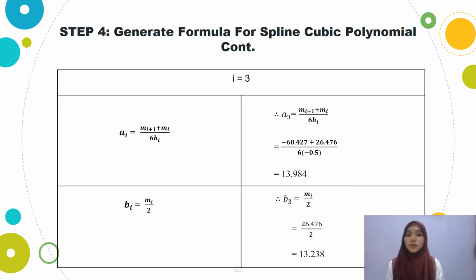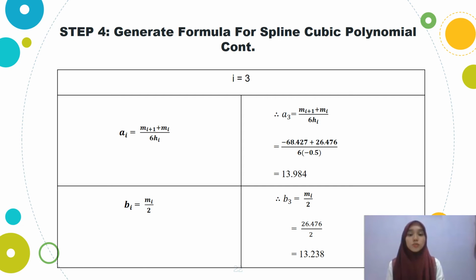For example, in this presentation, I will use i equal to 3. We proceed with the calculation of Ai using this formula, Mi plus 1 minus Mi divided by 6 Hi. By using i equal to 3, we get A3 equal to 13.984.